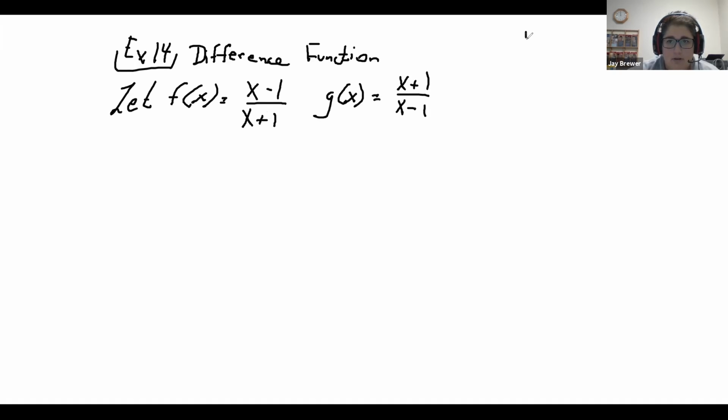And just like before, they want us to find f minus g. And then once we do that, they want us to evaluate it at 5. Okay.